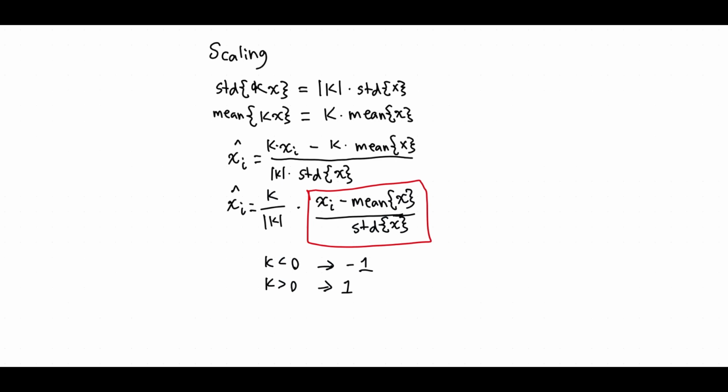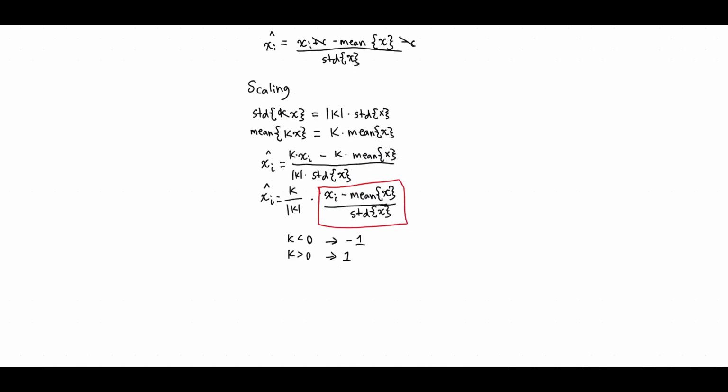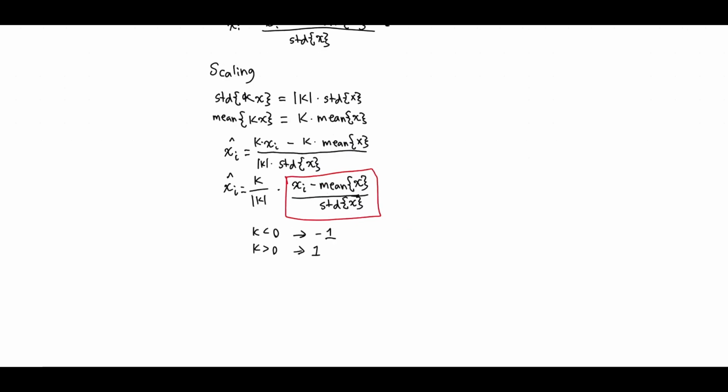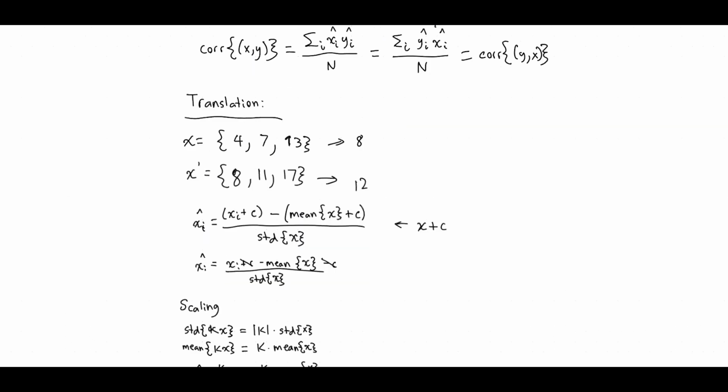So here we can see that we either change our x sub i hat by a -1 or 1, depending on the parity of the scale, so whether our scale factor was positive or negative. So we can see that when we plug that in, that has the potential to affect our correlation coefficient, but only by changing the sign.